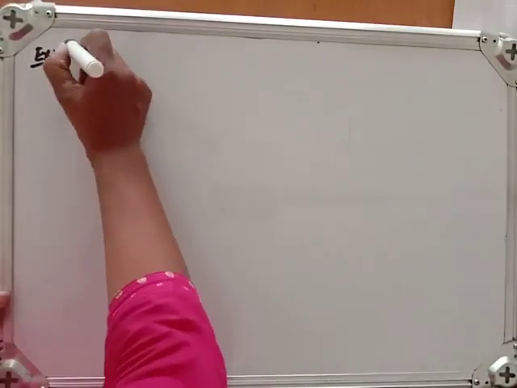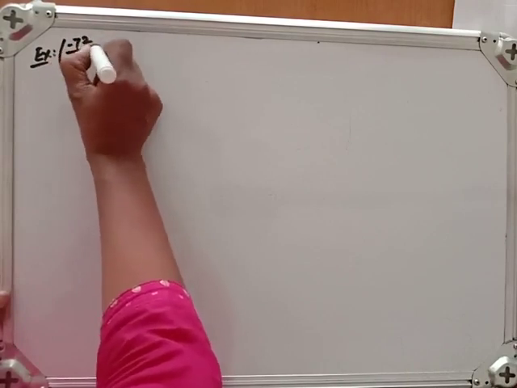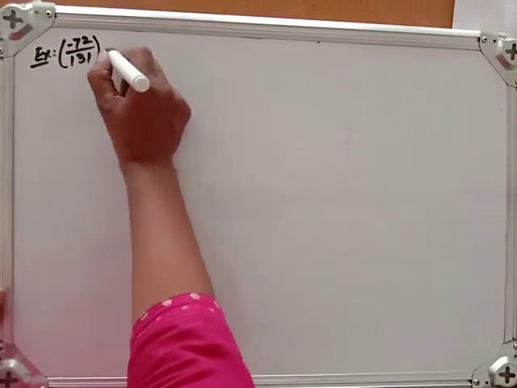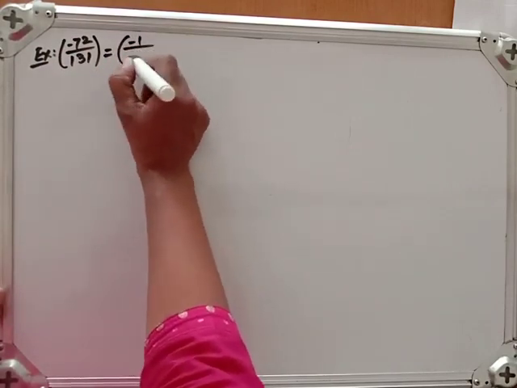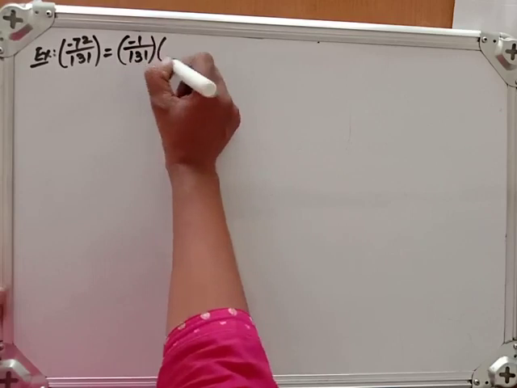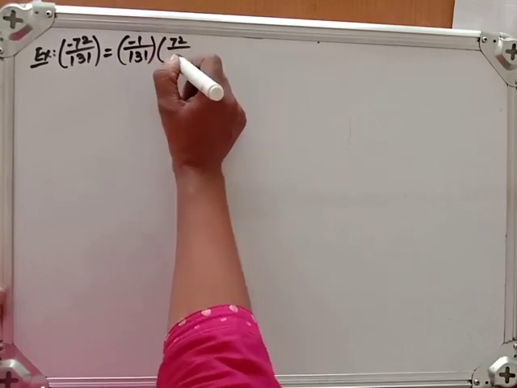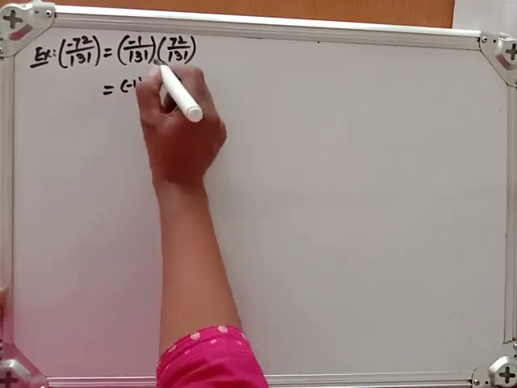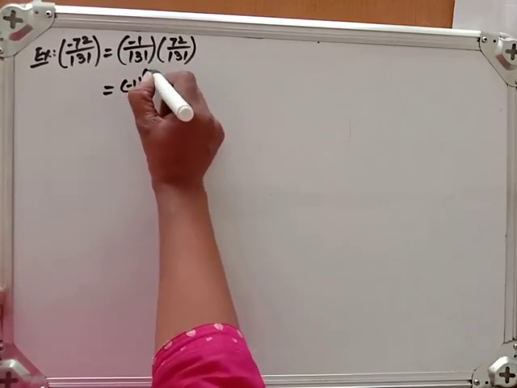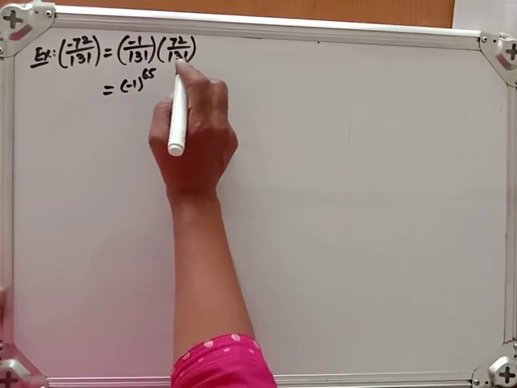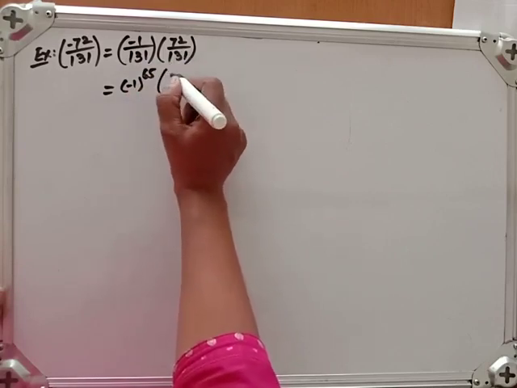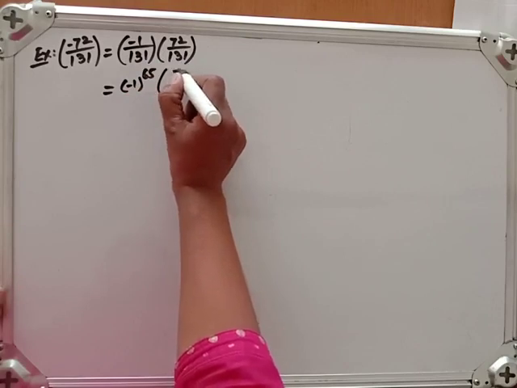Find the Legendre symbol of minus 72 upon 131. So this is equivalent to the Legendre symbol of minus 1 upon 131 into 72 upon 131. So minus 1 raised to 65 into this 72 upon 131.